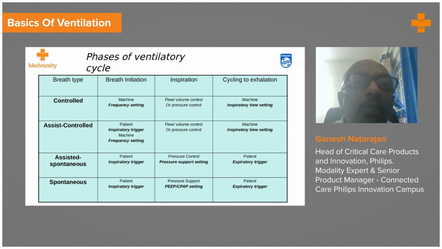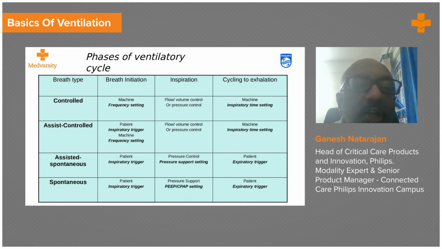Let's go forward on modes of the ventilatory cycle. So in a control mode, the initiation of the breath is by the machine, the frequency set. The inspiration could either be flow or volume, or it could be pressure. And the exhalation is again machine set.